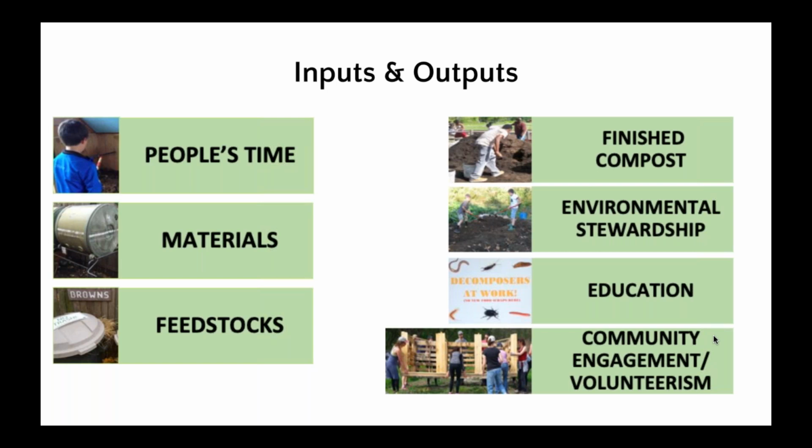And then the feedstocks, of course, are the ingredients that go into making compost. And when you get all of those lined up, you end up with a variety of outputs. So the finished compost, increased awareness and engagement by both the people participating and neighbors and hopefully the wider communities. So some engagement around environmental stewardship, as well as this larger community engagement and volunteerism.